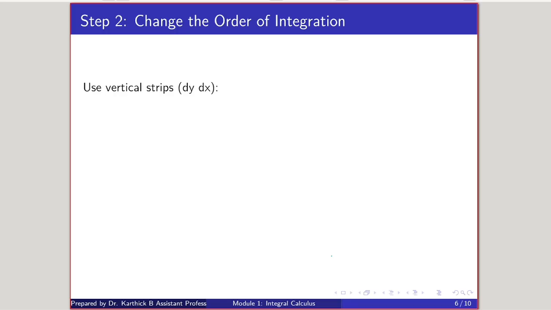Now the given problem is in the form of dy dx. So I will write the problem here: integral 0 to a, y to a, x by x square plus y square dx dy. This is the given problem.